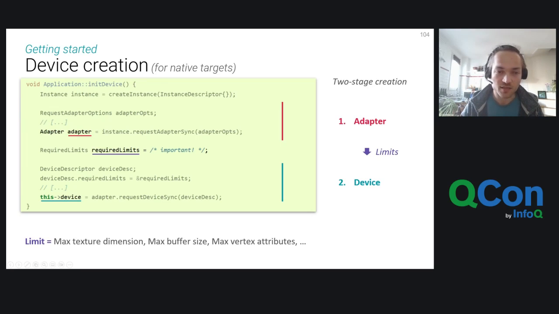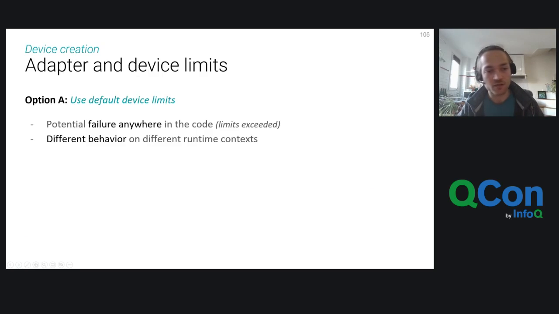And this mechanism is important because if we don't set any limits, the device will use the same ones as the adapter, which is really easy. You don't have to do anything, but it means your application might fail anywhere in the code because you don't really know about the limits, and so suddenly you're maybe creating a new texture, and this texture is exceeding the maximum number of textures, and the code will fail. But it might work on your machine because your adapter has different limits than on the machine of your colleague that has a different GPU, for instance.